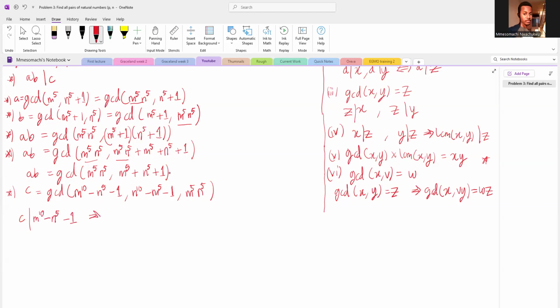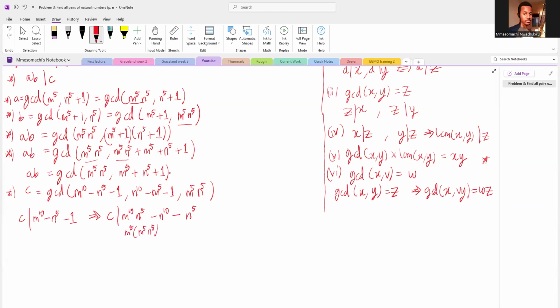Okay, so this implies C divides, so we just multiply it by n to the power of 5. So we have m to the power of 10, n to the power of 5 minus n to the power of 10 minus n to the power of 5. Okay, so recall that C divides m to the power of 5, n to the power of 5. So basically, m to the power of 10 times n to the power of 5 is the same as m to the power of 5 into m to the power of 5, n to the power of 5.